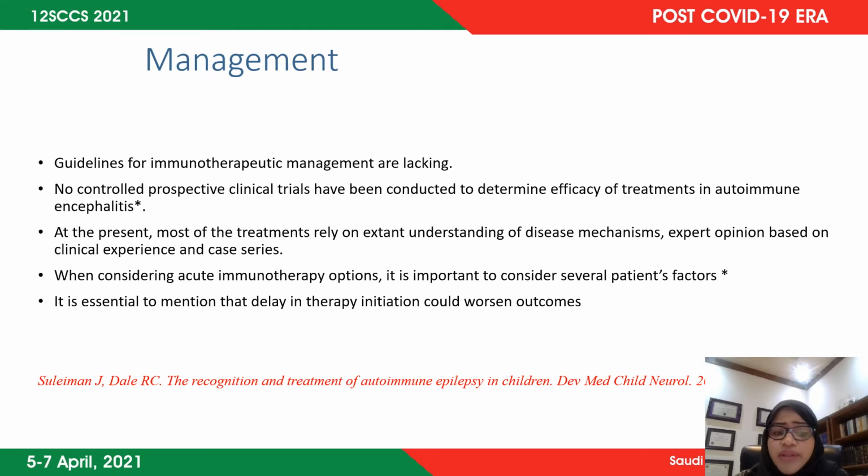It's very important to mention that delay in therapy initiation could worsen outcome, and you don't need to wait for intraneuronal antibody testing to come back positive to initiate treatment. Once you suspect you are dealing with autoimmune encephalitis, you should initiate treatment, because the outcome can differ markedly whether you start the treatment early or delay it.